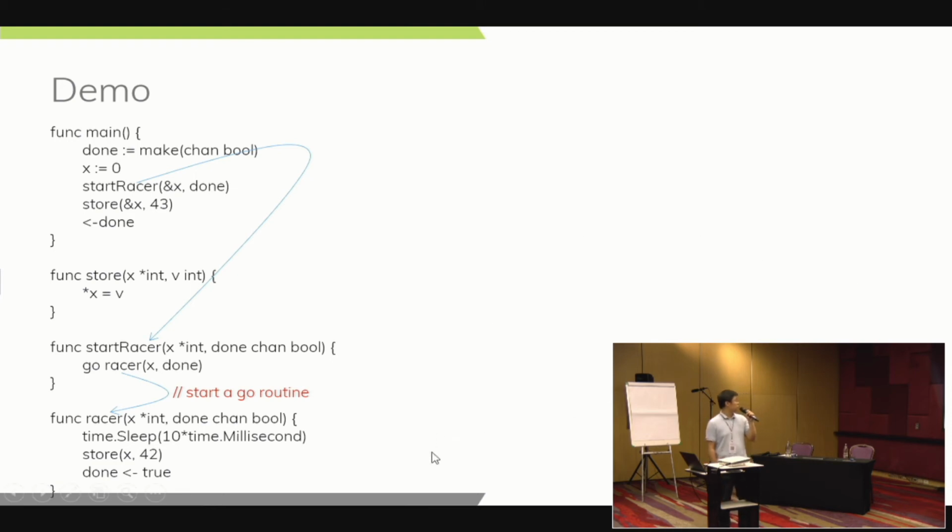In the goroutine, it will call a store function to write x with 42. And in the main function, subsequently, another store here will write x with 43. Because these write events have no happens-before relationship, and there is no lock to guarantee the ordering, that would be a data race.